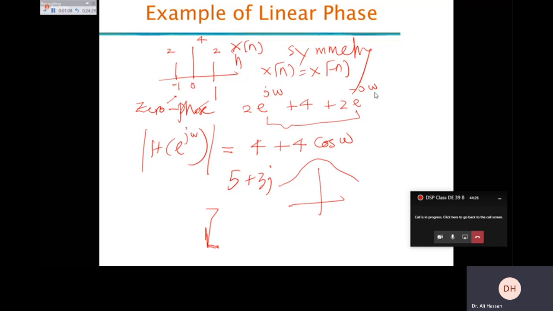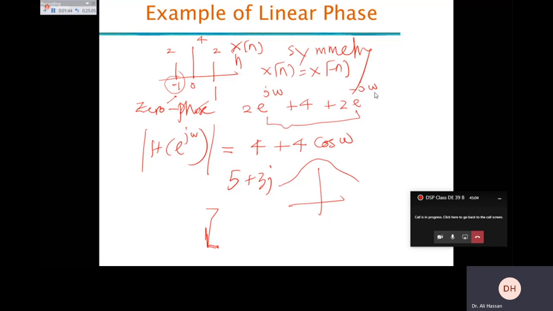This -1, once you put it in the convolution, will require x of n plus 1 in the convolution. So you say, I don't want to design anything which is non-causal. I don't want any value of my impulse response to appear on the negative side. So what should we do? We should shift it in time to make this causal. The best technique to design an FIR system is that first you design something which is real and even, so that it has a real and even frequency response.